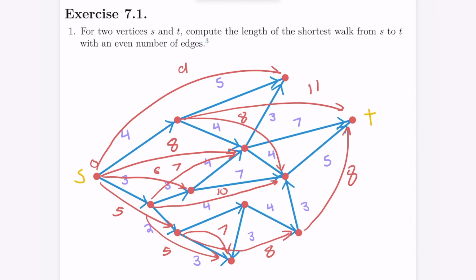Now, the original graph, let's say, had m edges and n vertices. So how long would it take? First, we need to build out this graph. How long would it take to build it? Can't you square the adjacency matrix?